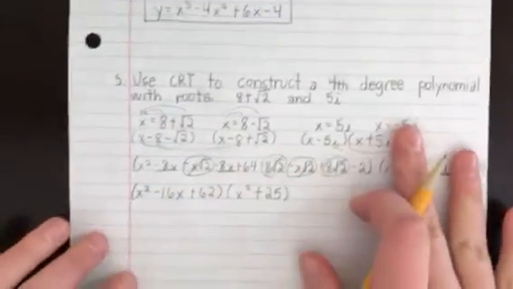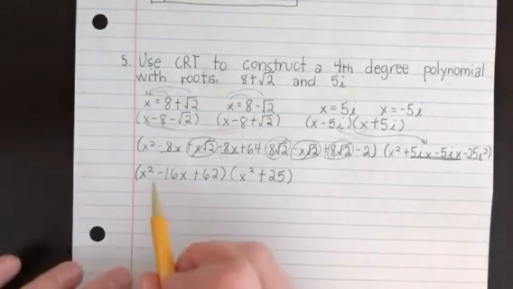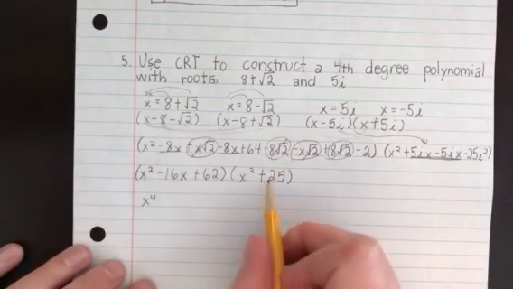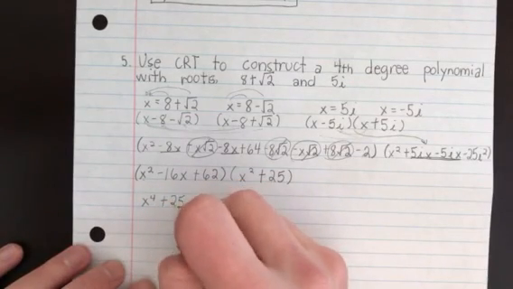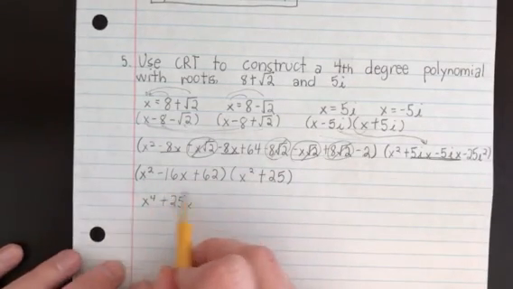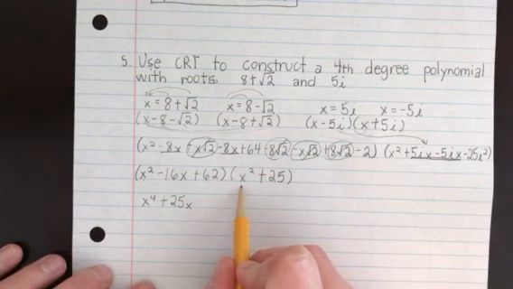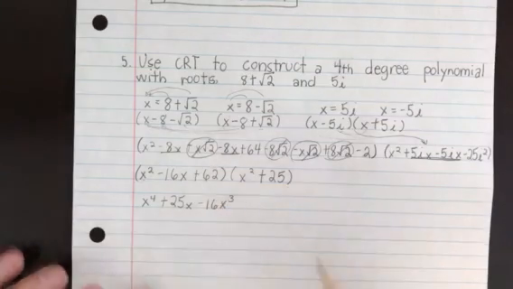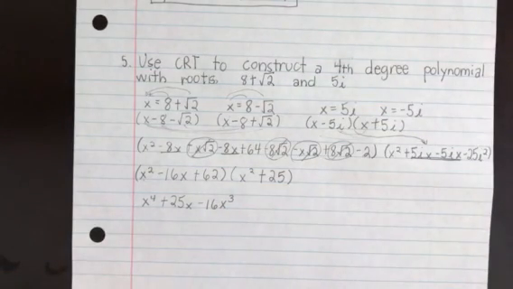From here, multiplying this together shouldn't be too bad. You're going to do x squared times x squared, which is x to the 4th, x squared times 25, which is 25x squared, negative 16x times x squared, negative 16x cubed. I'm running out of time, so why don't you finish this problem off for me, bring it ready to go to class.